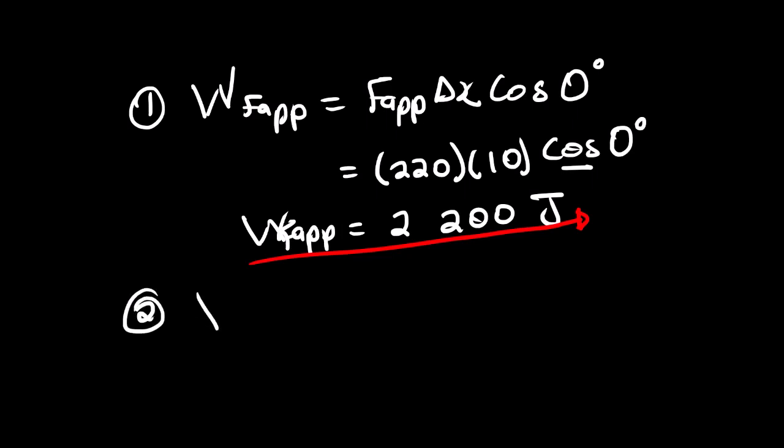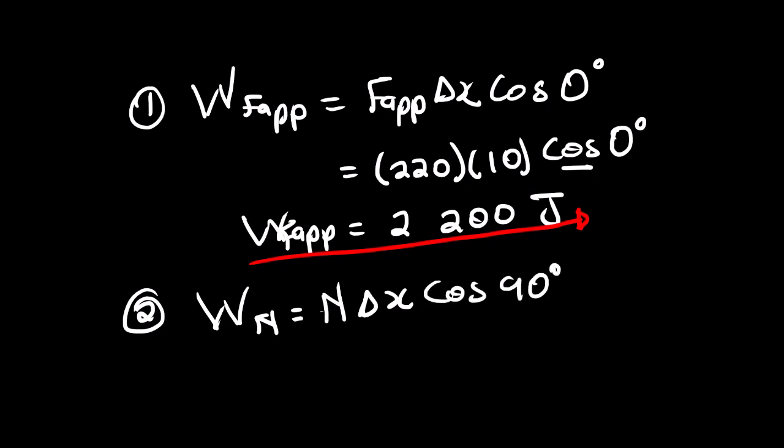For our number 2, it's work done by the normal force. Force times displacement times cos θ, and we know that it's cos 90. But let us actually fix this. Start by writing the equation the way it is and put that theta.